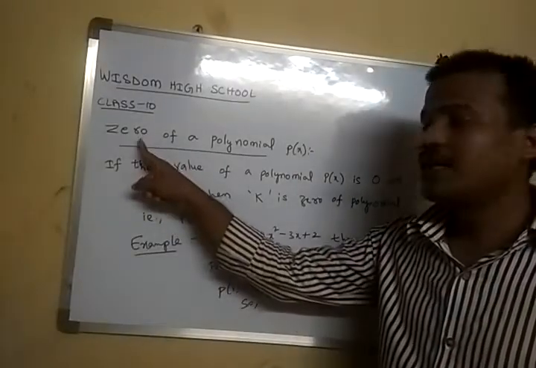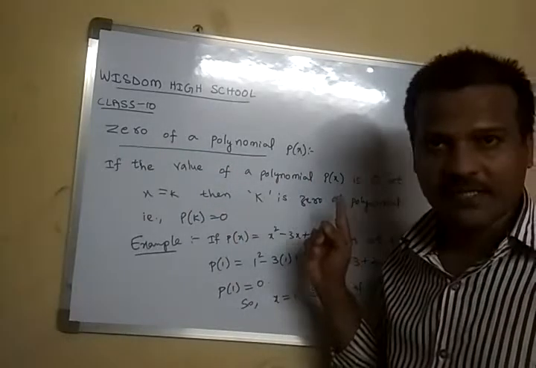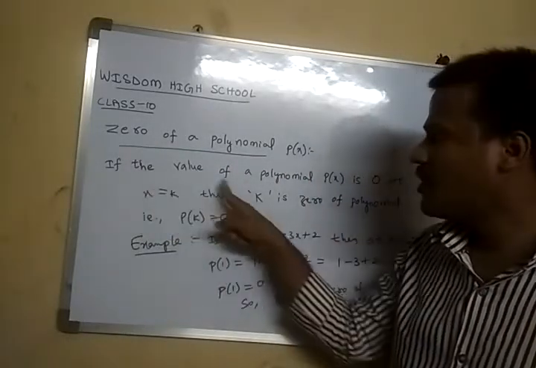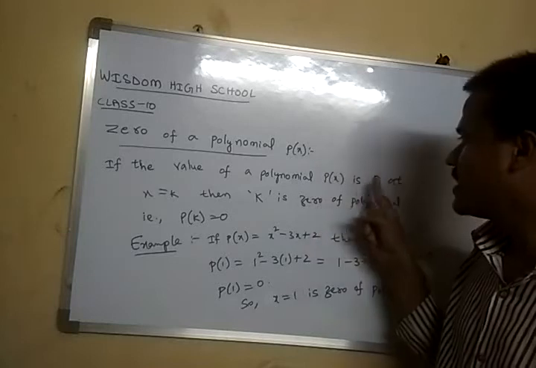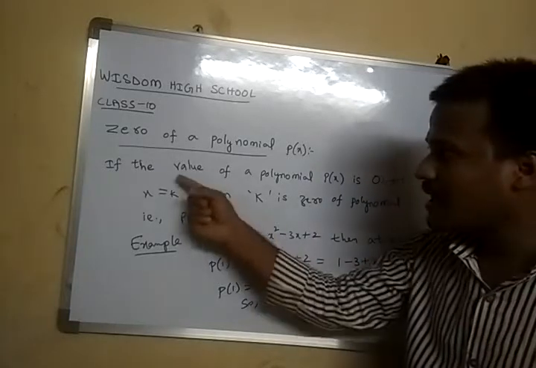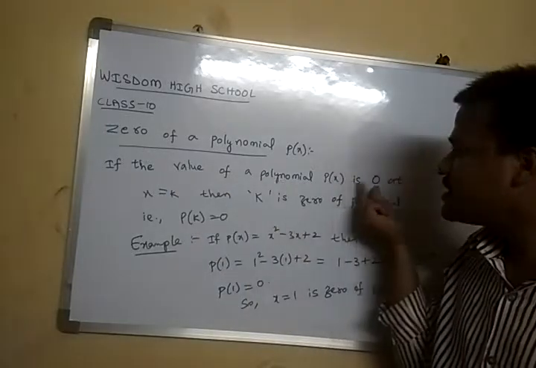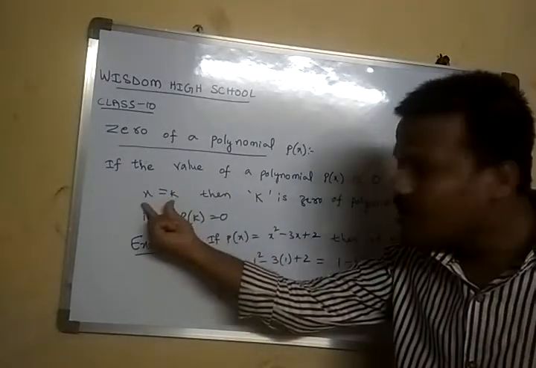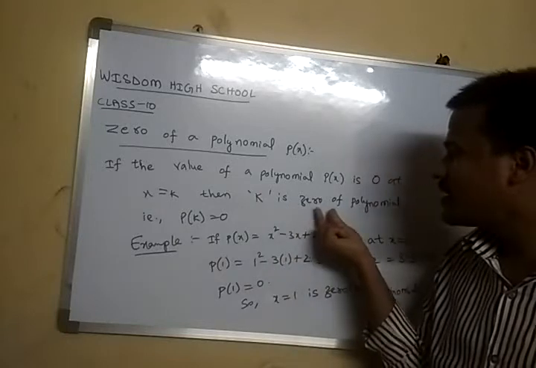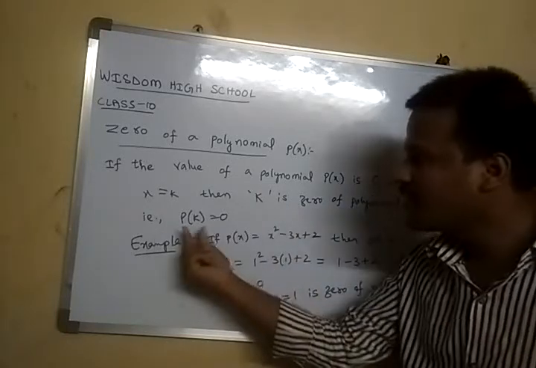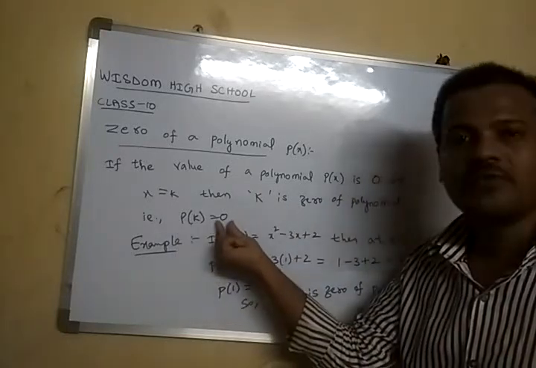Now the 0 of a polynomial p of x. Once again I am saying, if the value of a polynomial is 0 at x equal to k, then k is called a 0 of the polynomial. That means p of k will be equal to 0.